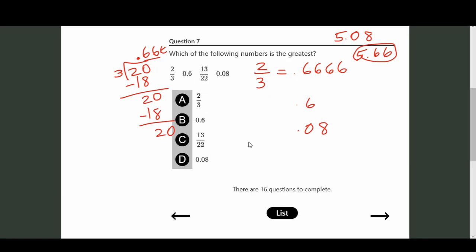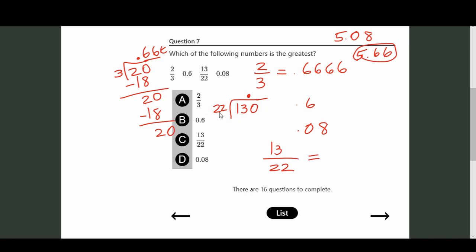Now, I want to convert 13 over 22 to a decimal so we can see if it's going to be greater than 0.66 repeated. 13 divided by 22. Now I'm asking myself, how many times does 22 go into 13? It doesn't. I have to add a 0. By adding that 0, I bring up a decimal.